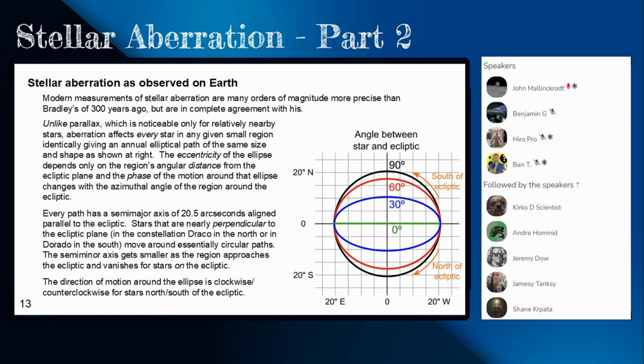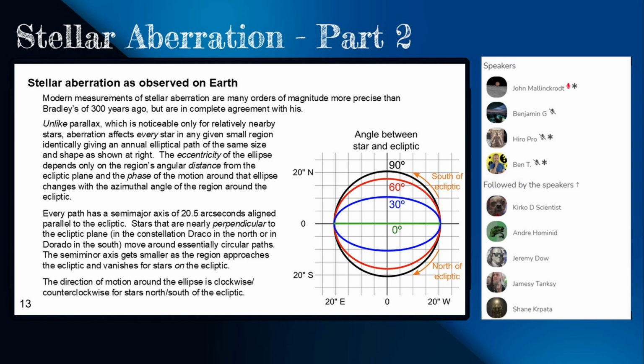And those 2 places are diametrically opposite. So at one of those places, you'll see the star maximally shifted in one direction, and in the other place, you'll see it maximally shifted in the other direction, and those directions are in the same direction as the ecliptic plane, which is why you get that.